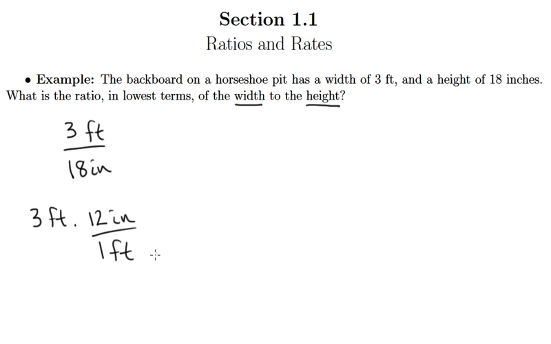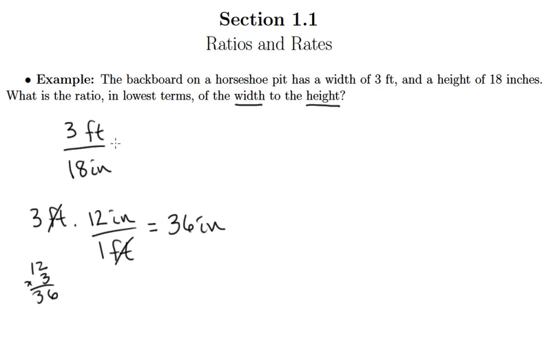So what we can do here is say, all right, my feet go away. You can cancel units just like you can cancel numbers, and that leaves us with 3 times 12 inches, and 12 times 3 of course gives me 36. So we have 36 inches.